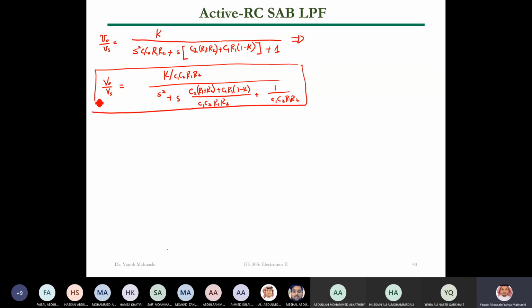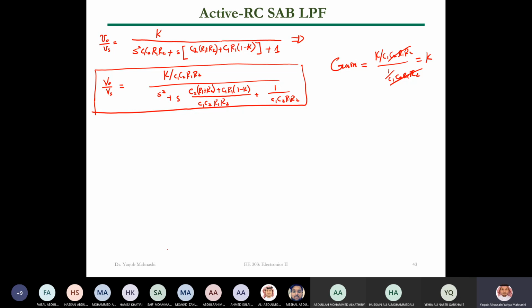Okay. What do we know about the gain? So the gain here will be K over C1, C2, R1, R2 divided by the same thing. So all of this will have K, because this is a low pass filter.